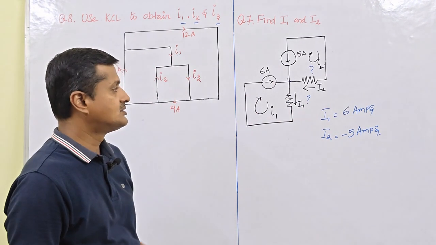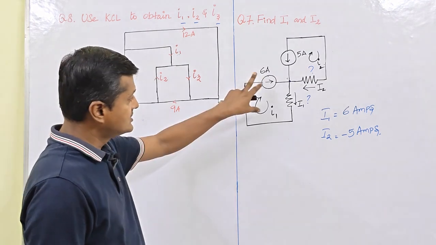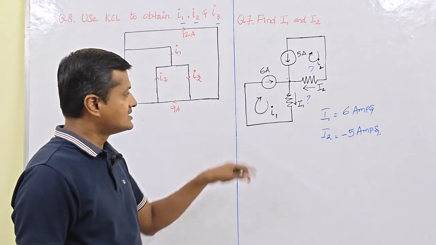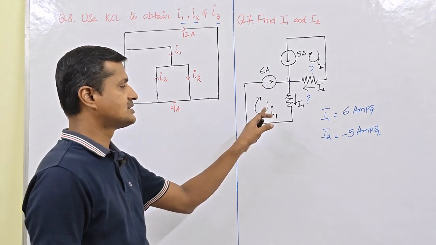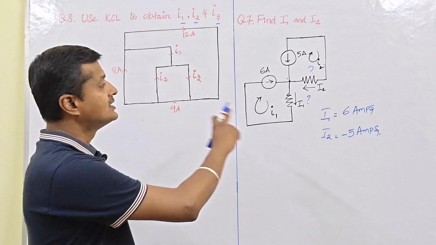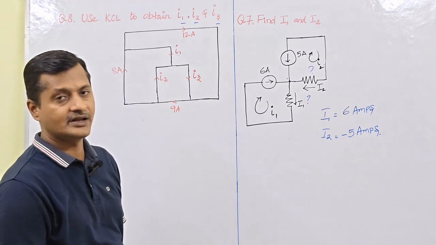What we understand in this problem is that there is no return path for the current, so it travels only in a single loop. In this circuit we have only circulating current and no return path.